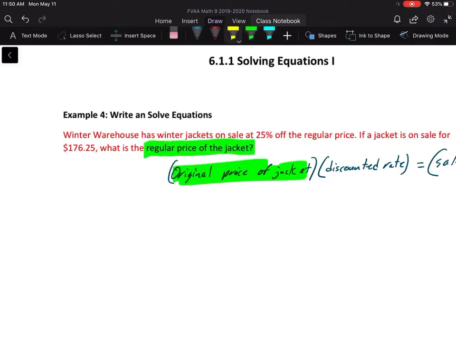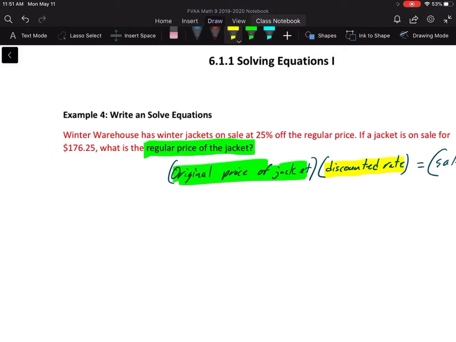All right, next, do I have the discounted rate? Here, we do have it, but it's not as obvious as it looks. If the price of the jacket was discounted by 25%, what percentage of its original price did the person pay?